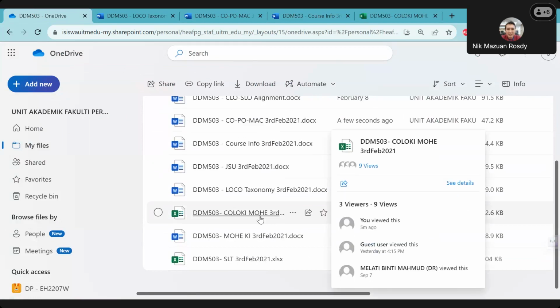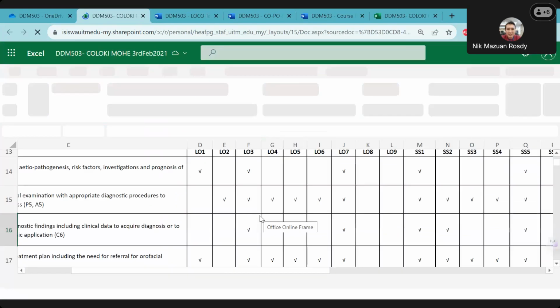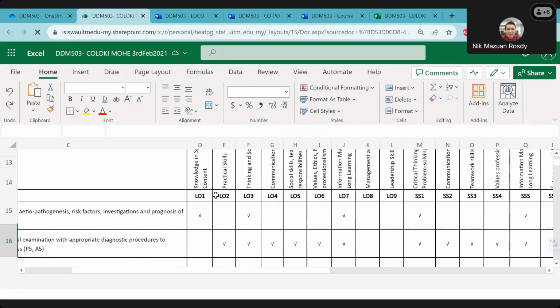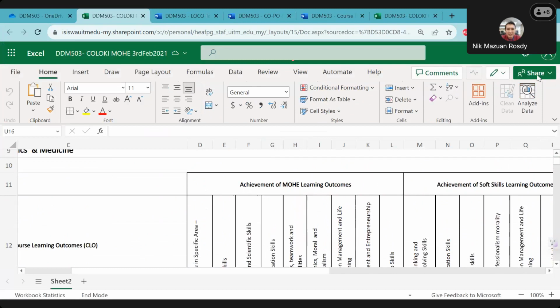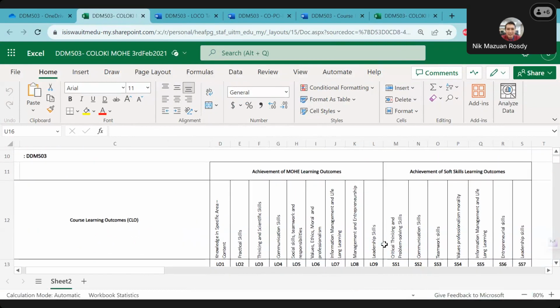Okay, Koloki Mohi. Koloki Mohi ni adalah course outcome, learning outcome map to kepada Ministry of Higher Education soft skills. Okay, soft skills. Okay, there is a catch here. There is a catch. I nak kecilkan sikit. Macam mana nak kecilkan sikit? Okay. You all boleh nampakkan walaupun I kecilkan sikit ni.